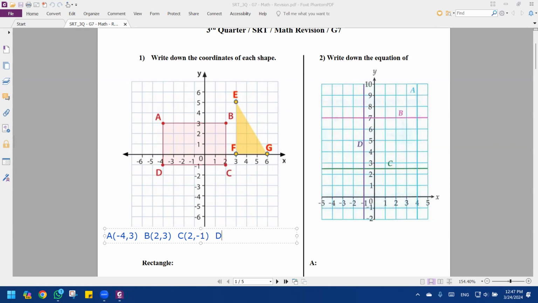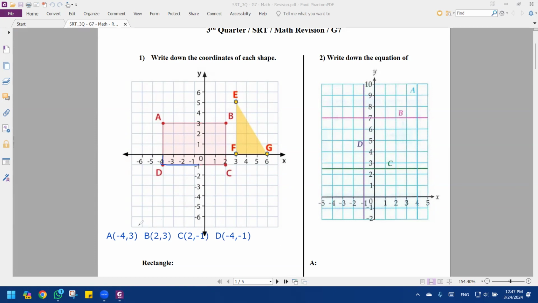Now, the last point of the rectangle D, we read the x value, we go up a little bit, it's -4. And then to check the y value, we go to the right, which is -1. So this is -4 and -1.